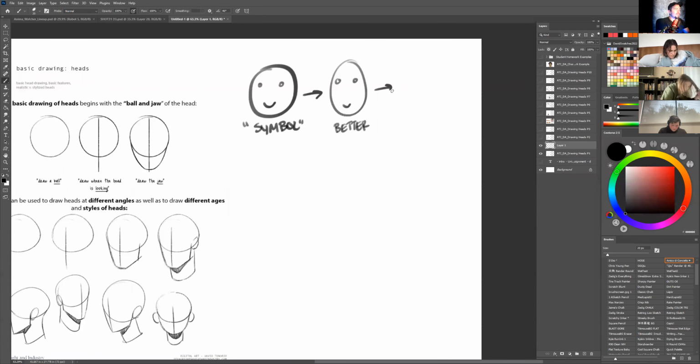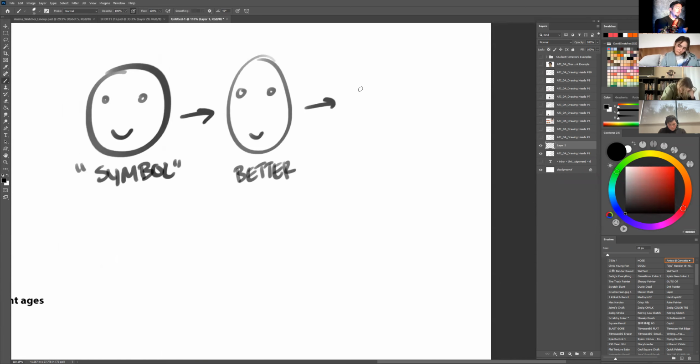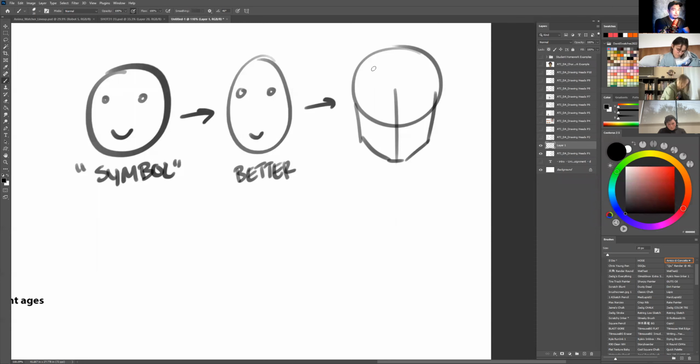But today, of course, we're going to teach you the very well-known, famous method, especially from these art classes, which is not the circle, not the egg, but what we would call the ball and the jaw. The reason that we draw a head like this is that it is our structure, the setup for our head.